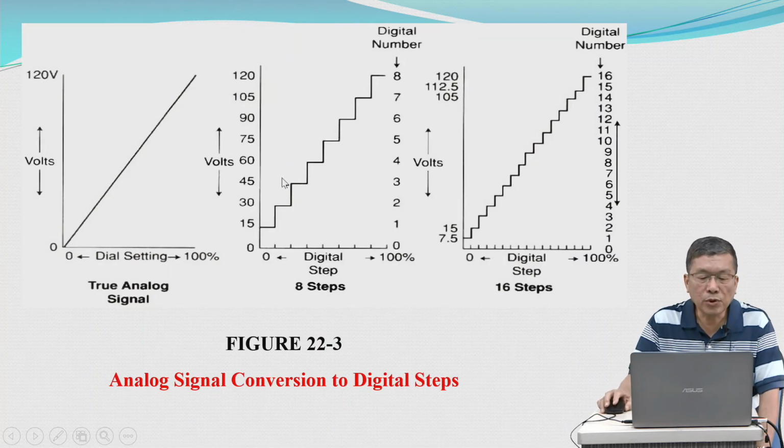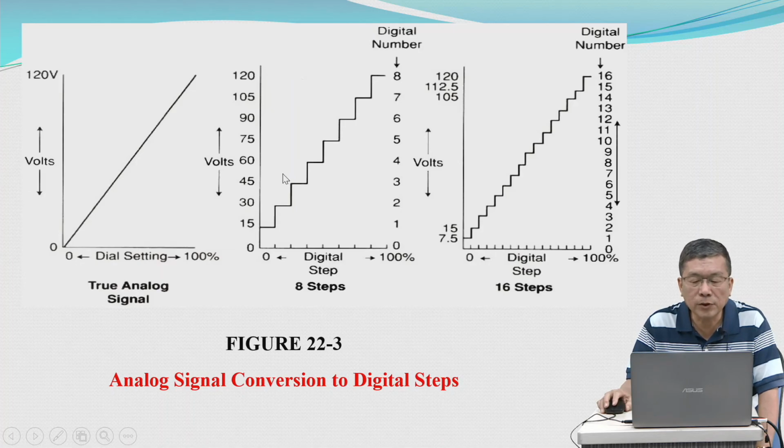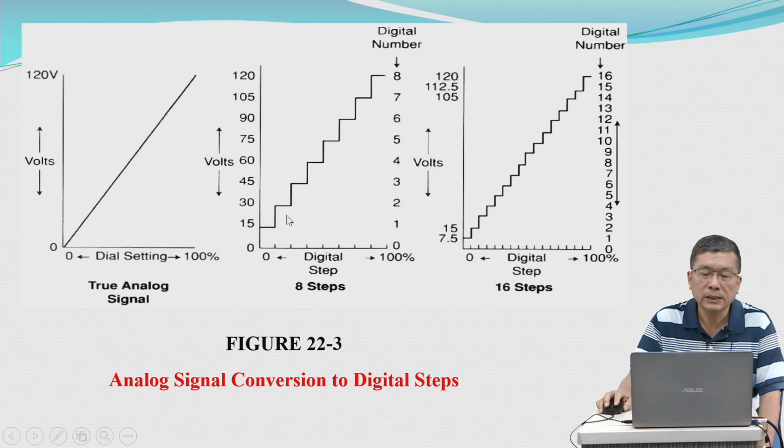This picture shows analog signal conversion to digital steps. This is the linear true analog signal. This is the 8-step AD converter board. This is the 16-bit, 16-step AD converter board.